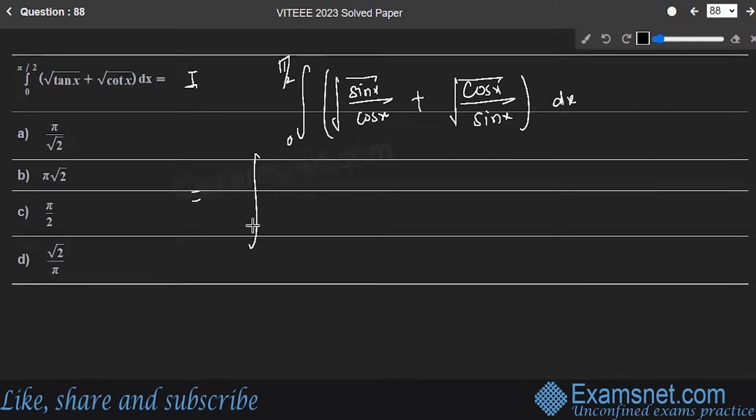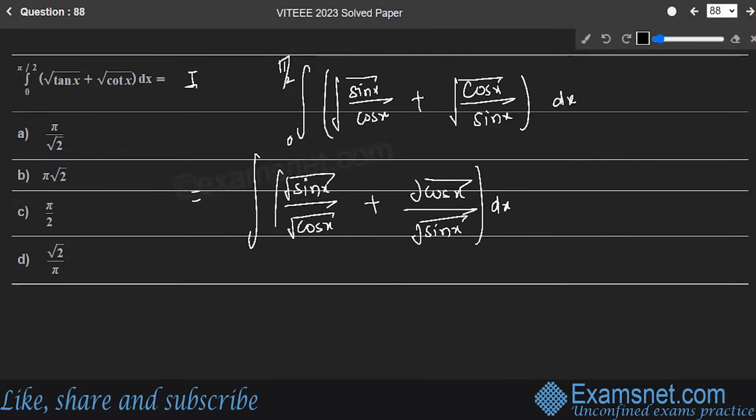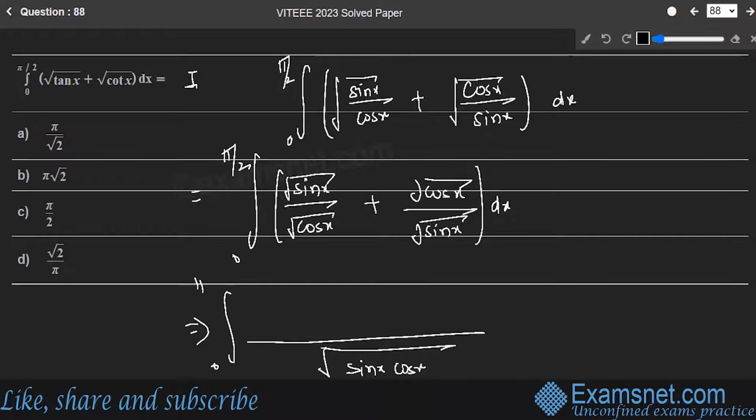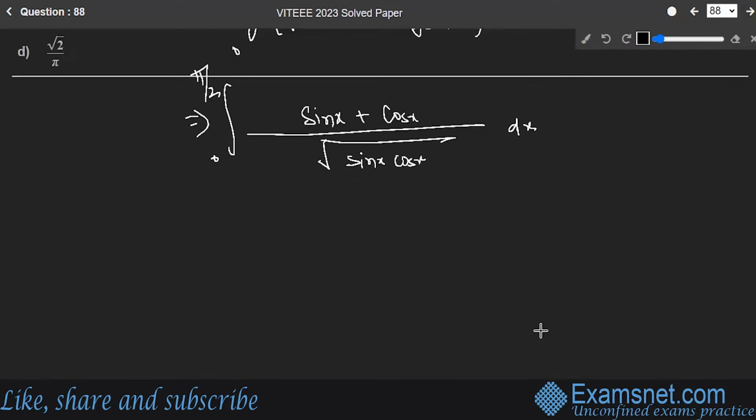I'm taking the LCM, that is root sin x root cos x, integral 0 to pi by 2. So this will be root of sin x into root of sin x, that's sin x, and root of cos x into root of cos x is cos x dx, right?